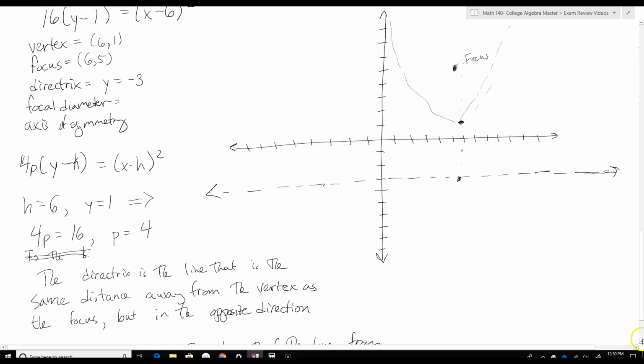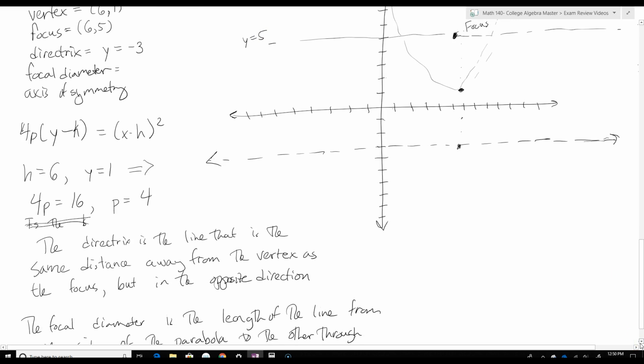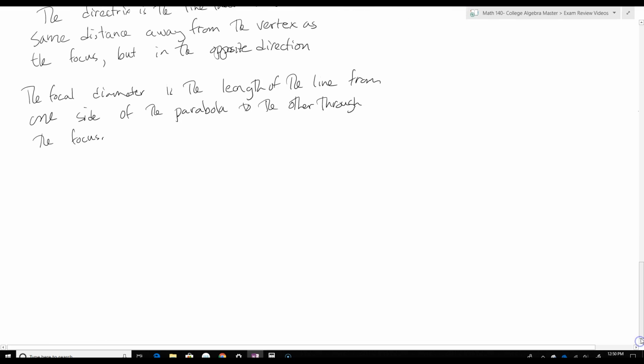So what I'm going to need to do is plug in. Notice that the focus is up here at y equals 5. So I'm going to have to plug y equals 5 into my equation and see what I get back, and then find the distance between those two points. If you remember my equation again, it's 16 times (y minus 1) equal to (x minus 6) squared.